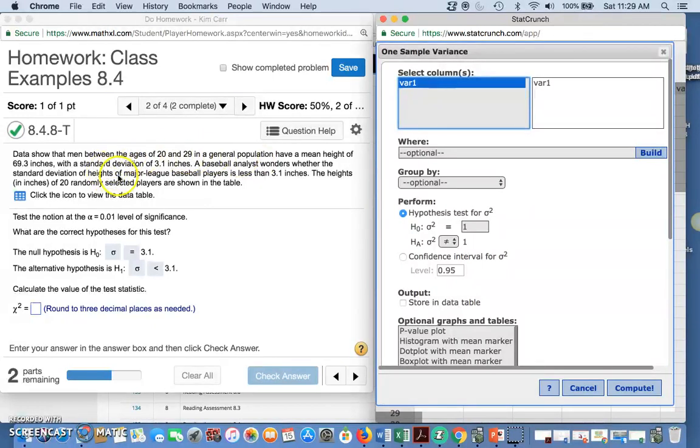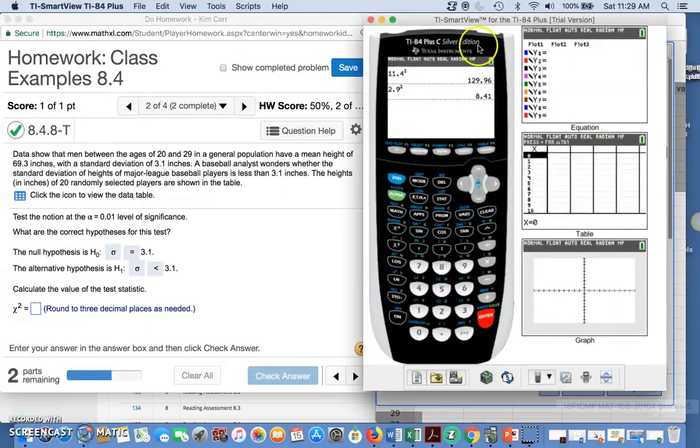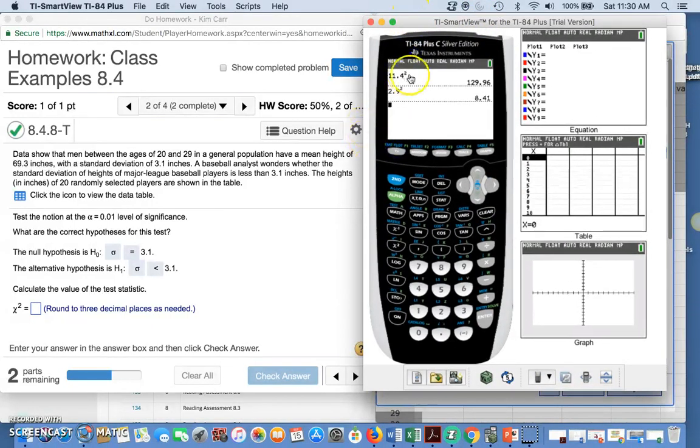Now, what are we testing? We're testing that it is less than 3.1. Well, I need to square 3.1 before I put it in. So if you want to pull up some kind of calculator, do 3.1 squared.